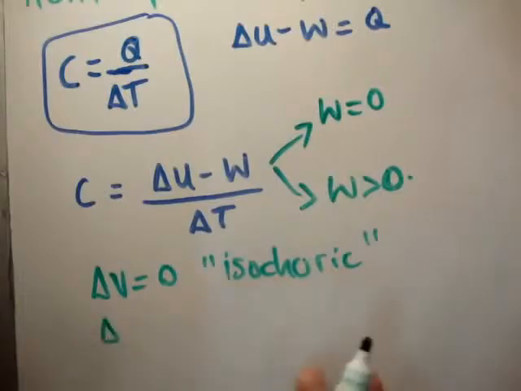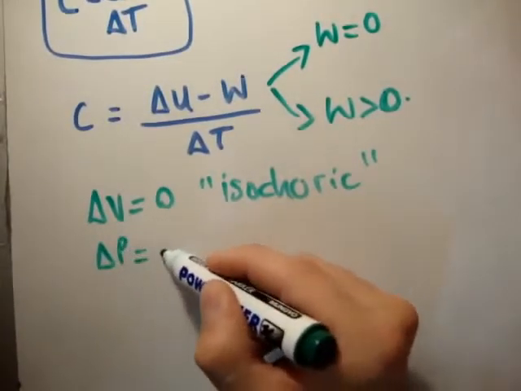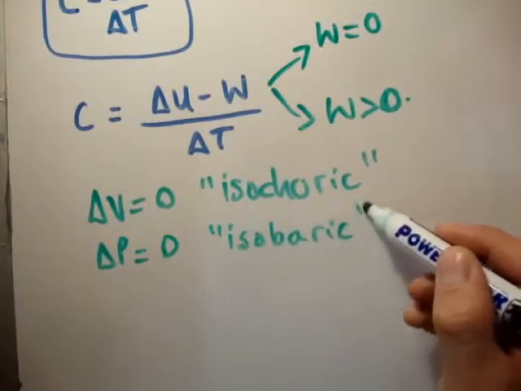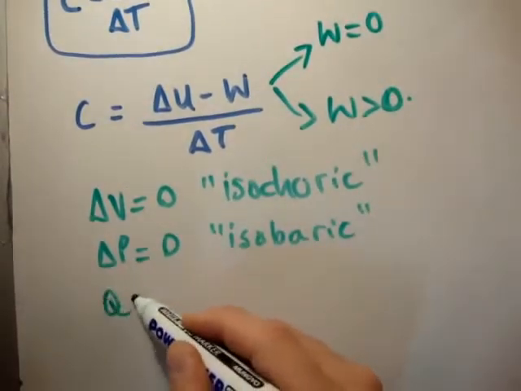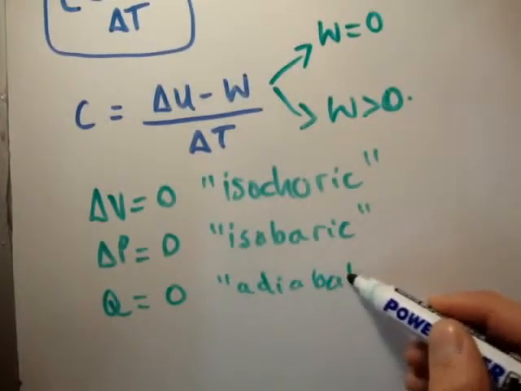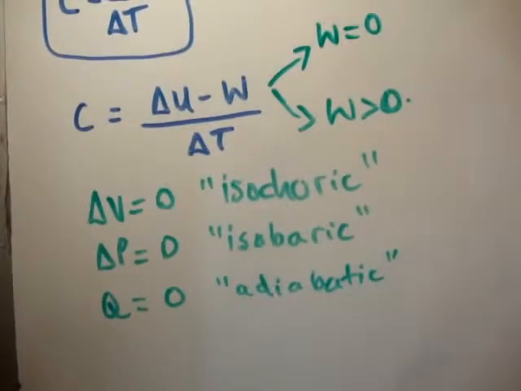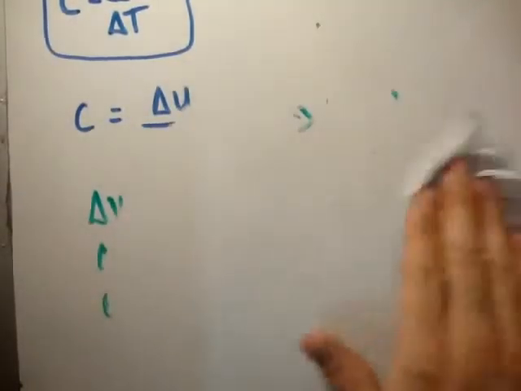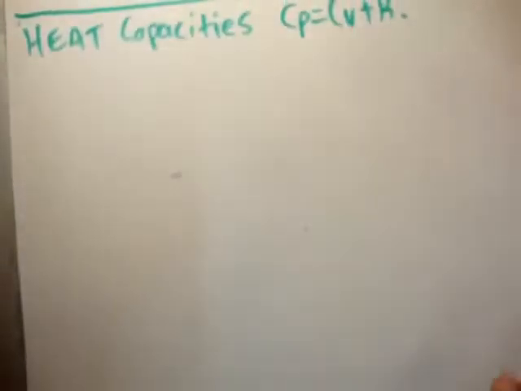Where delta P is equal to 0, it's isobaric. And when Q is equal to 0, it's adiabatic. It's good to get used to this terminology. So let's look at the process when it is isochoric. The volume change is 0.